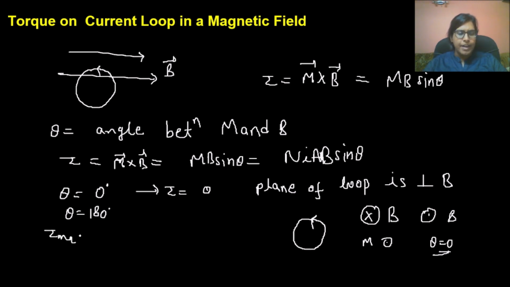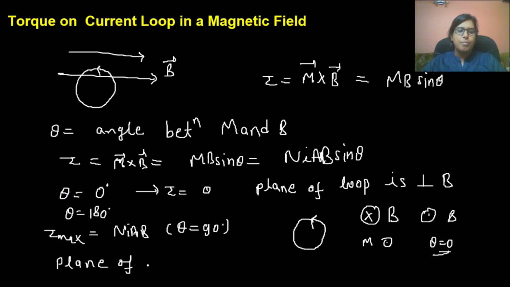Now when will the torque be maximum? So the torque will be maximum when theta is 90 degree. It will be N into I into A into B. What is the meaning of 90 degree? So 90 degree it will be when the plane of the loop is in the magnetic field.